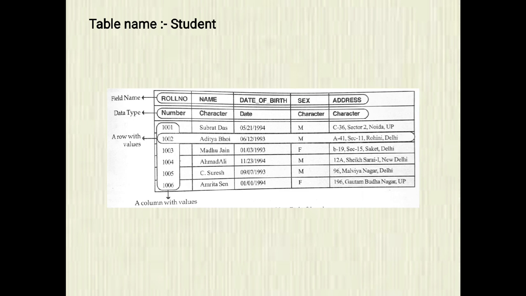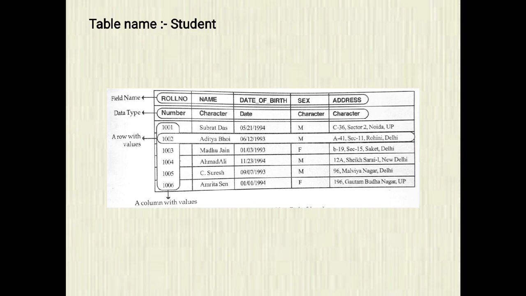If you see the character data, it contains uppercase alphabets, lowercase alphabets, special characters, and numbers also. That comprises the character data values. And if you see the date data type, it also contains numbers and special characters, but it is not associated with the character data type.